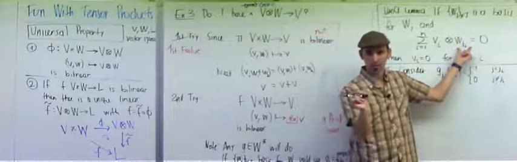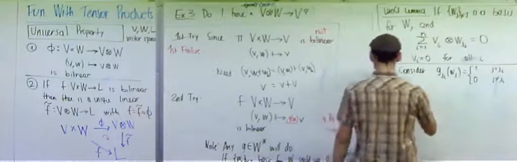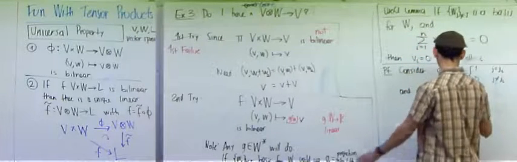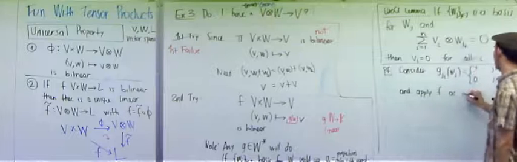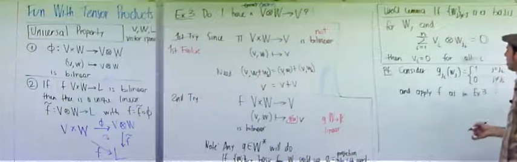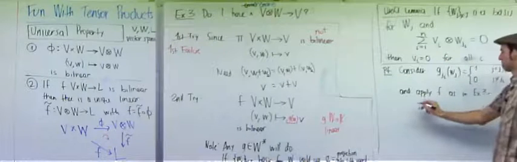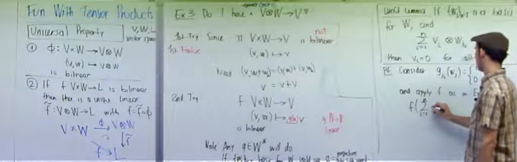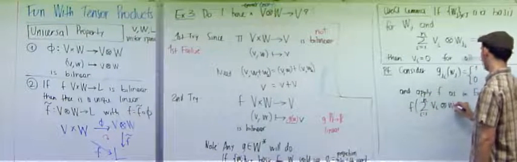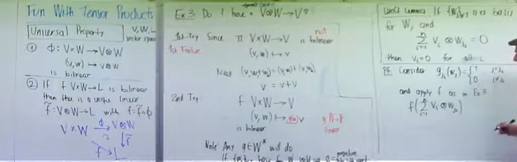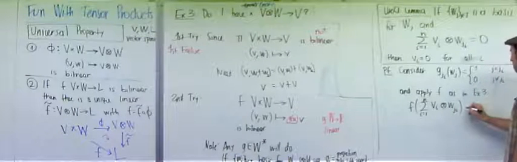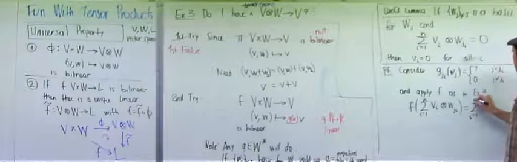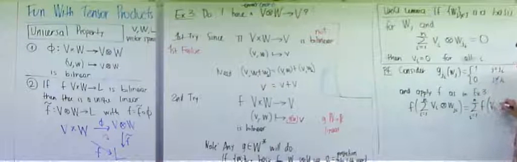Just look at that j_i coordinate, and apply my function that I get here, f as in example 3. So I apply f to the sum from i equals 1 to n of v_i tensor w_{j_i}. What is this? Well, f is linear, so I get this.